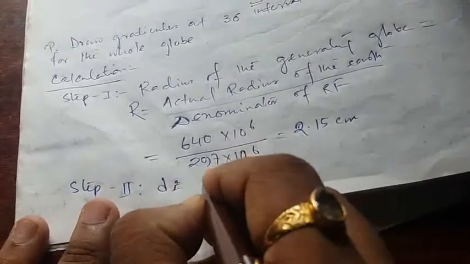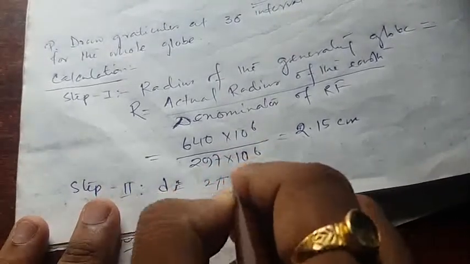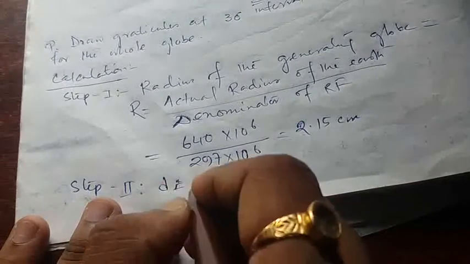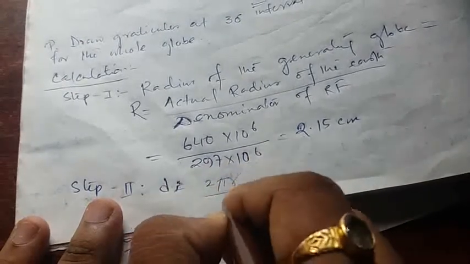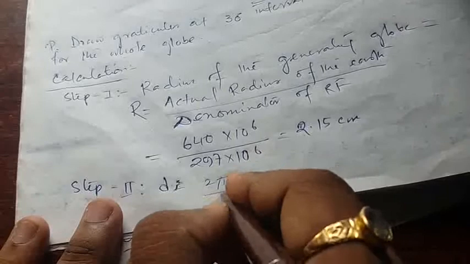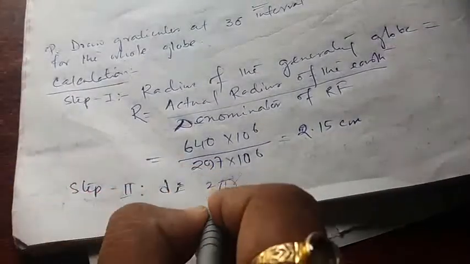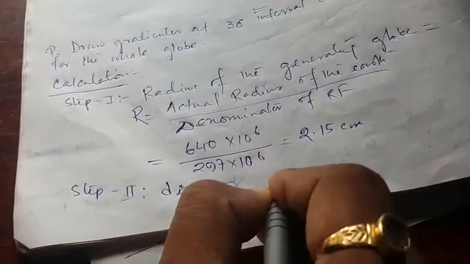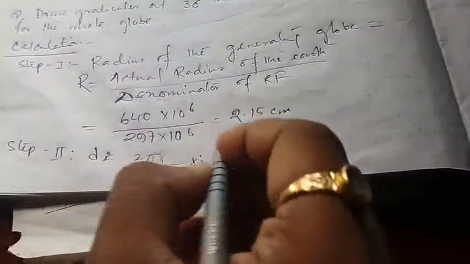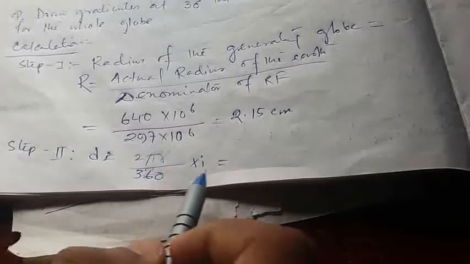So D is 2 pi r by 360 into interval I. Let's put the values.